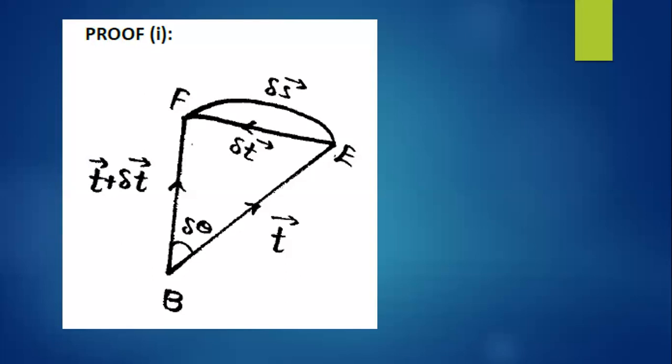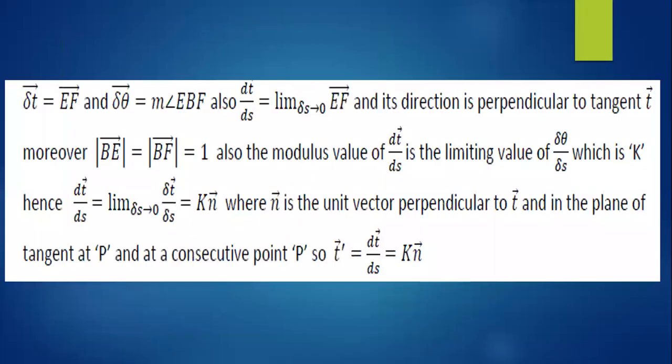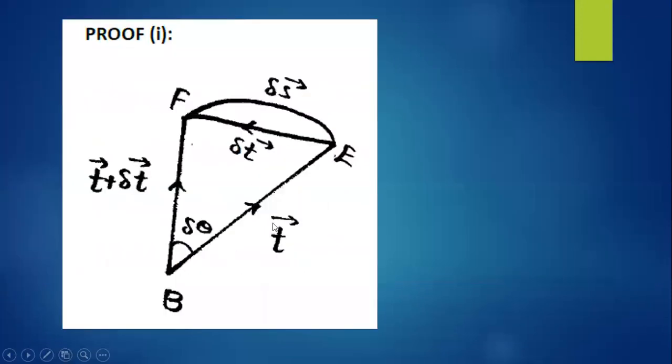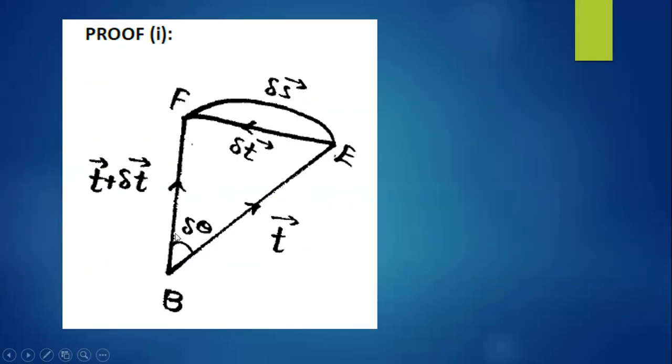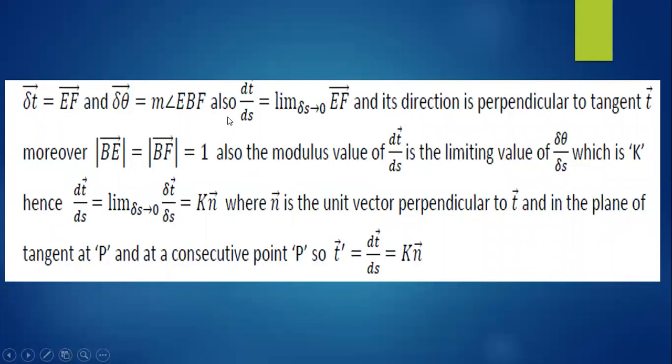So let delta t be equal to EF, and delta theta is equal to the angle between EBF. Also, dt over ds, in the limiting case delta s approaching 0, is equal to EF.